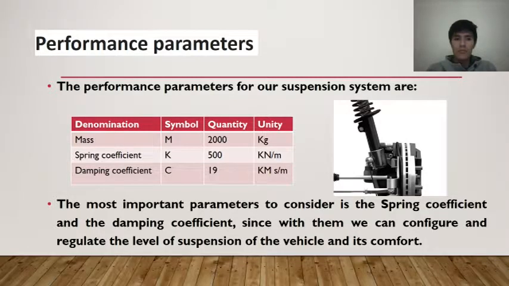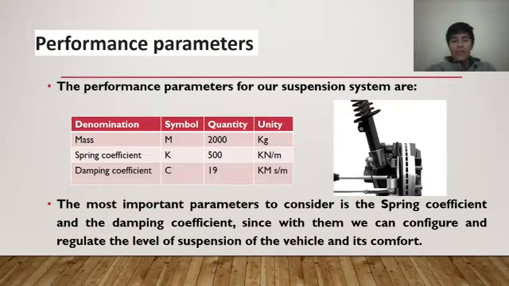Well, I explain about performance parameters. The performance parameters for our suspension system are the mass, spring coefficient, and damping coefficient. The most important parameters to consider are the spring coefficient and damping coefficient, since we can configure and regulate the level of suspension of the vehicle and its comfort.